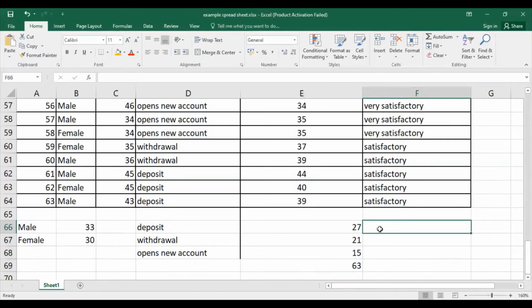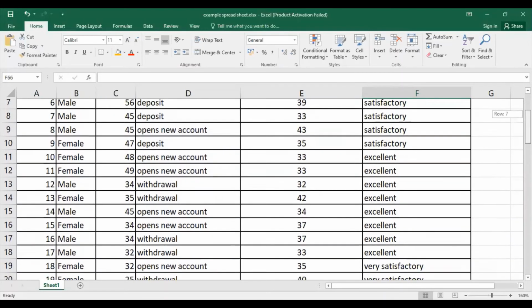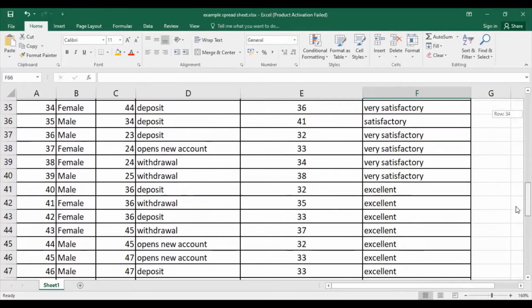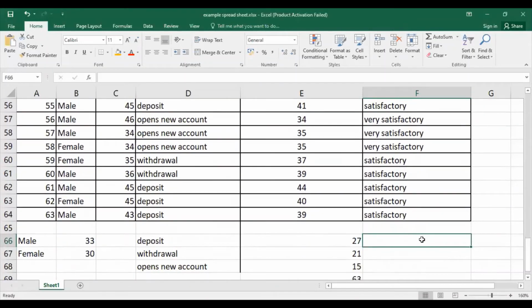And the last would be the satisfaction rating column. Satisfaction rating of clients with regards the services they have received from the bank personnel. So we have the excellent, very satisfactory, satisfactory, and poor. Take note that these are just samples of transactions, but not actually done in real life. So we have our criterion, excellent. Okay.